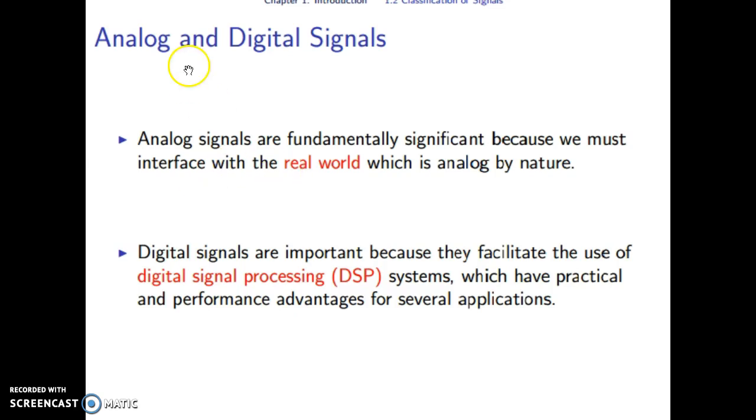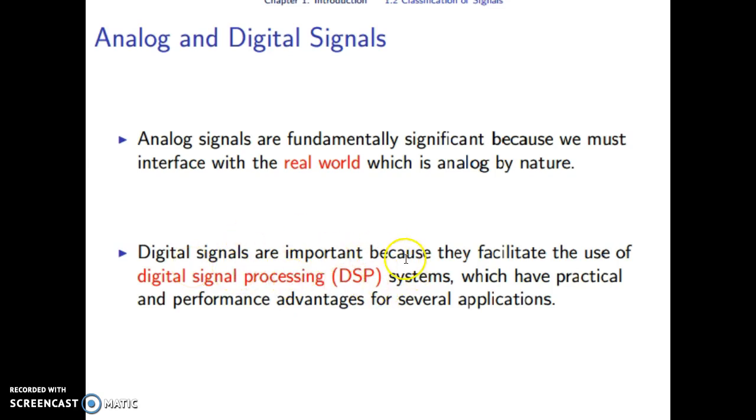So we have analog signals and digital signals. Analog signals are real world signals. All real world signals are analog by nature, and they are fundamentally significant because we must interface with the real world, which is analog in nature. But in most cases we use digital signal processing systems.